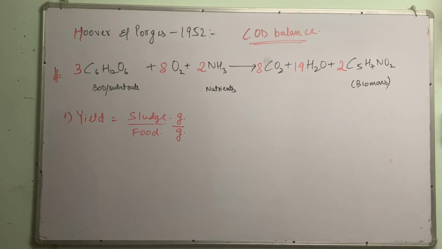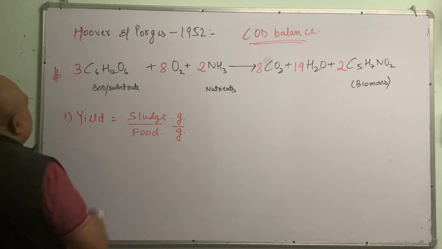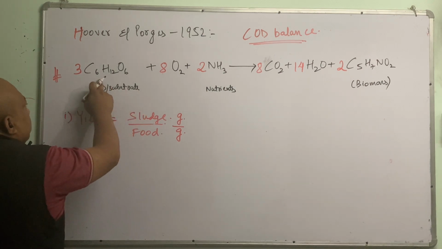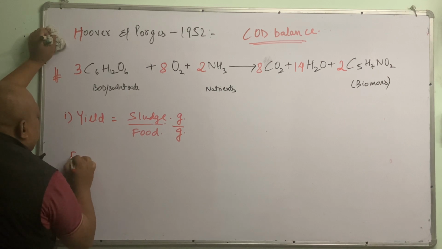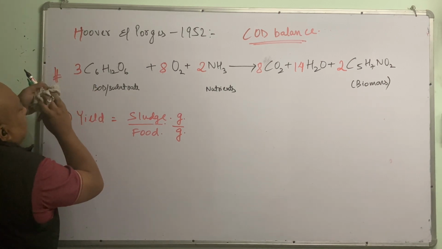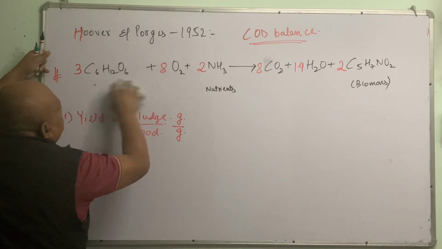Number one, how much sludge is produced. For this BOD food, let me rough this part for easy calculation.